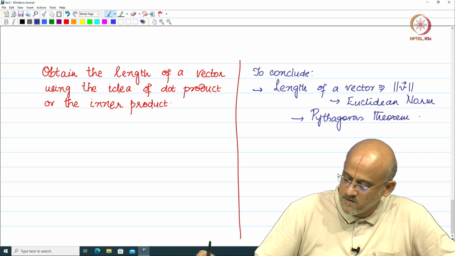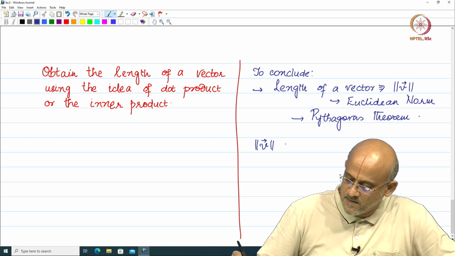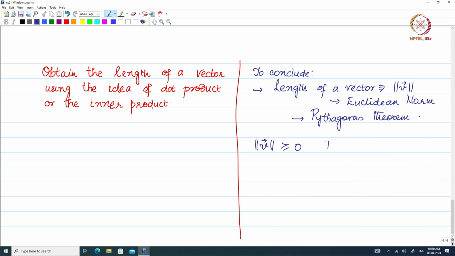And we saw that the length or the norm of the vector V is always greater than or equal to 0. It is 0 if and only if vector V is the 0 vector.